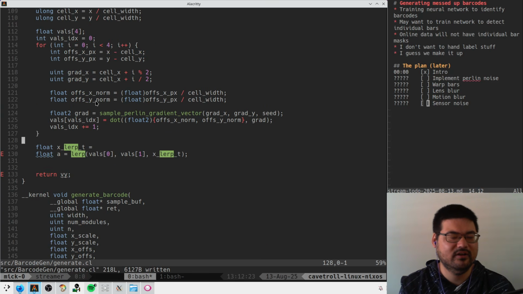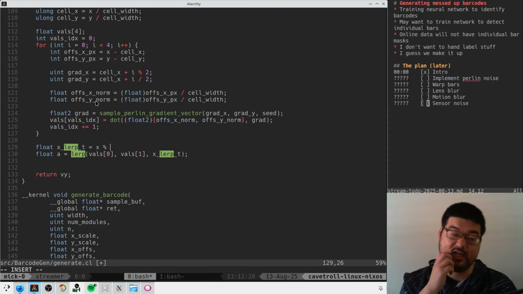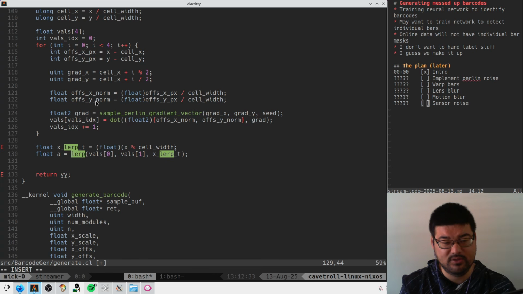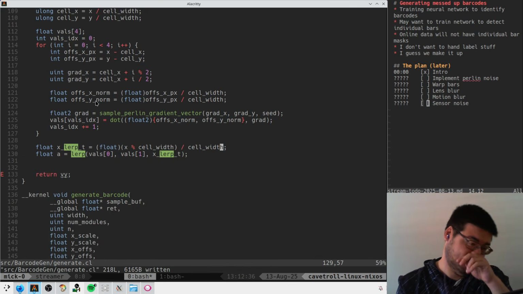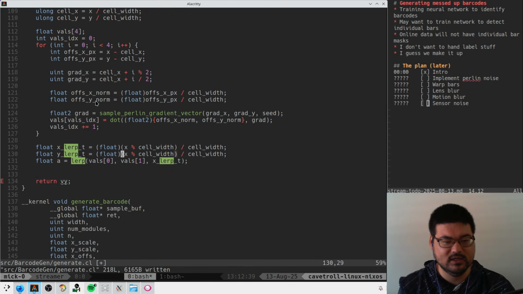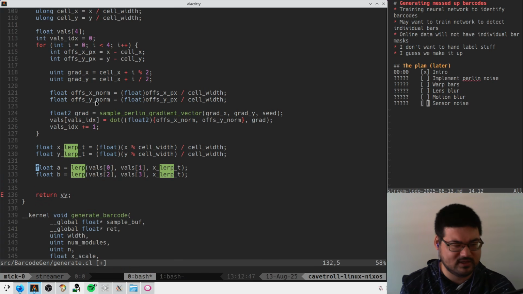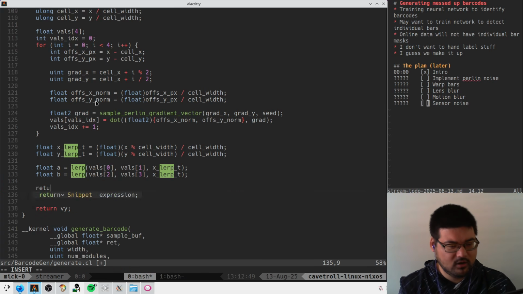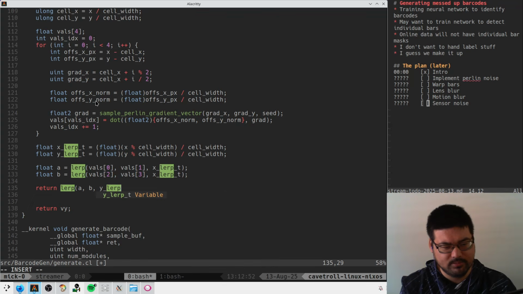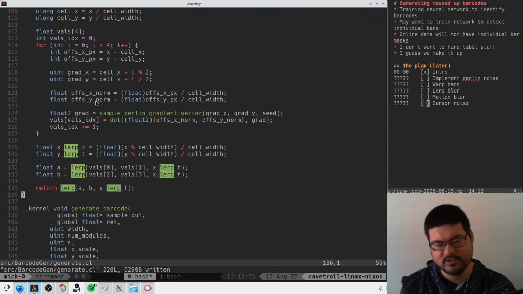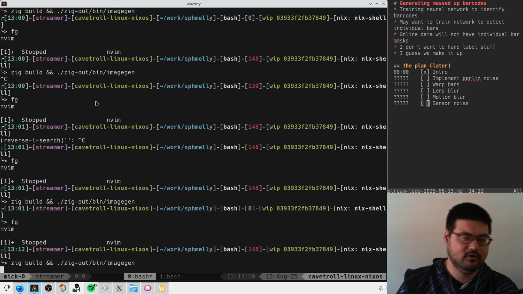So this is x % cell width as a float over the cell width. And then y lerp t is the same. And then we'd have A and B. We lerp vals 2 and 3 here with x. And then we lerp A and B with the y lerp. Yeah, something like that. That maybe does something, right? It'd be interesting to look at that.